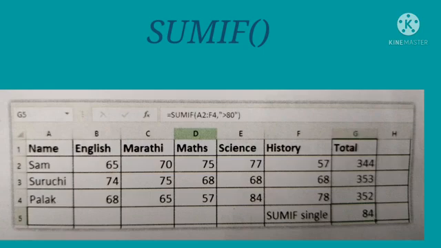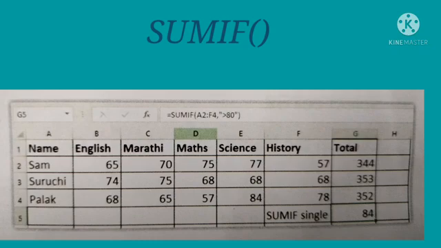Example, SUMIF function with two arguments: equal to SUMIF, left bracket, A2 colon F4, inverted commas, greater than 80, and close the right bracket. In example 1, from cell range A2 colon F4, only those cells which contain a value greater than 80 will be displayed in the figure.